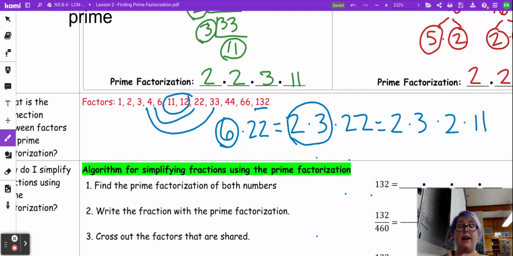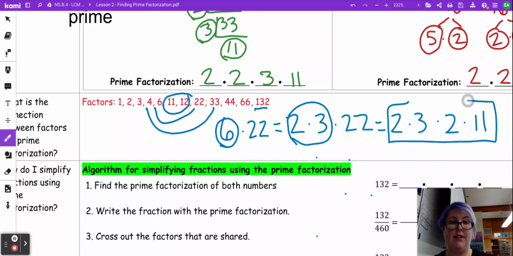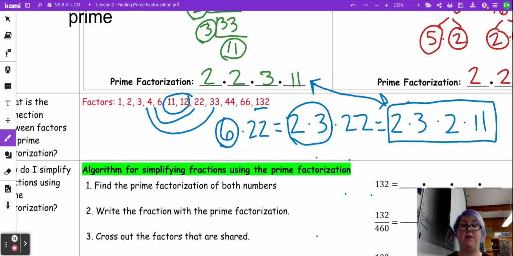So any pair of factors can be broken into the exact same prime factorization. So 132 will always have a prime factorization of 2 times 2 times 3 times 11. Doesn't matter what order you write it in. Doesn't matter which method you use, but 2 factors of a number will always give you the same prime factorization.